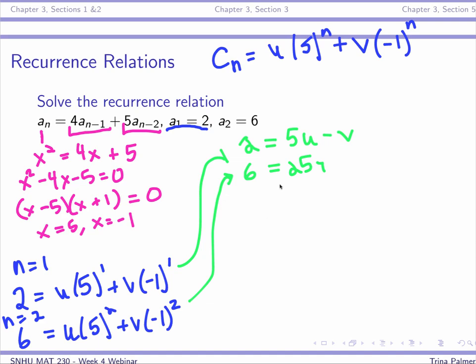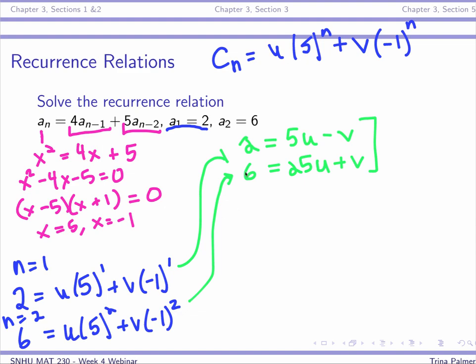And then negative 1 squared is 1, so plus v. So I have two equations, two unknowns. There are multiple ways to solve this. You can use your calculator and see where they intersect. You can use substitution. You can use elimination. I tend to like elimination, but it doesn't matter.